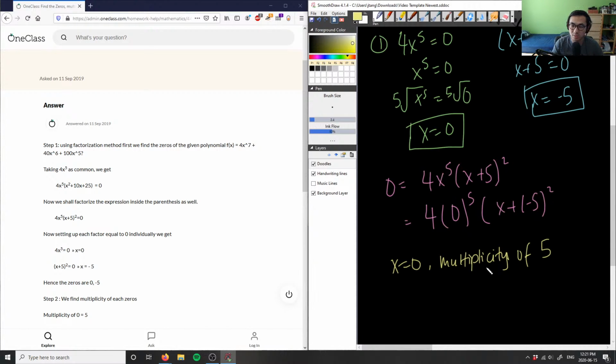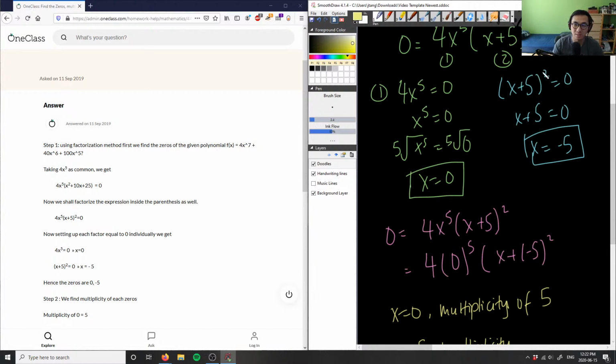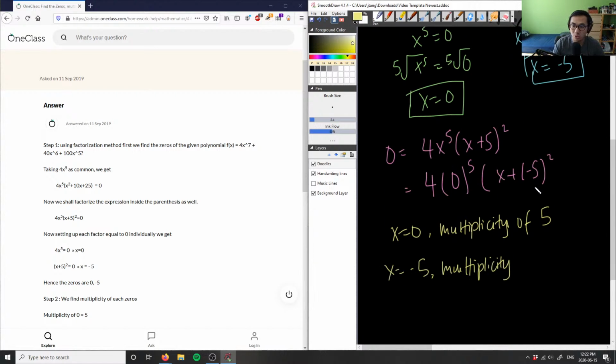So x equals 0 has a multiplicity of 5, because this is x to the 5, and x equals negative 5 will have a multiplicity of its own separate degree, which is x plus 5 to the power of 2, right? So this would have a multiplicity of 2.